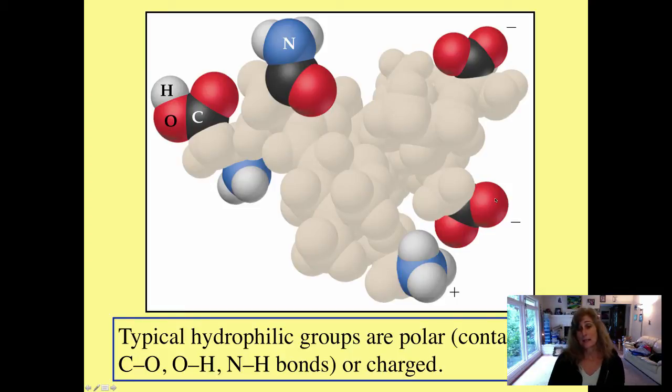So once again, hydrophilic guys are going to grab the water because they have charges. Remember we said water is an extreme dipole and it grabs onto the charged ends of this molecule. But then the inner part of it here might be very nonpolar, and therefore it's hydrophobic.